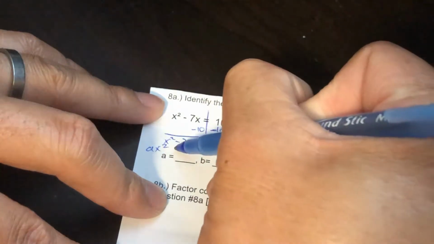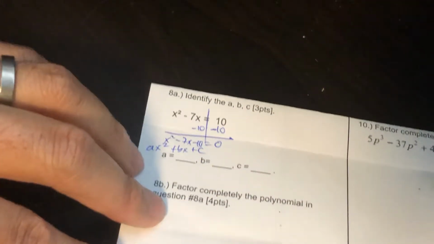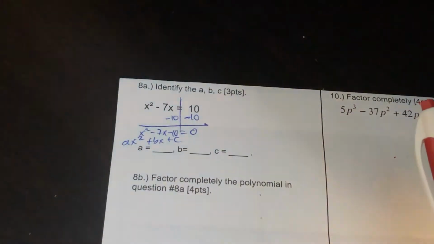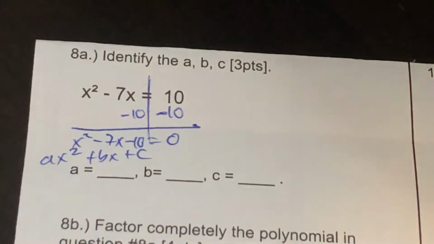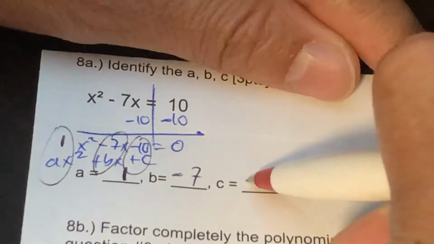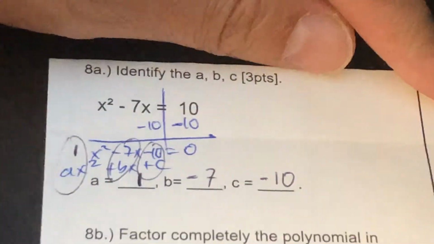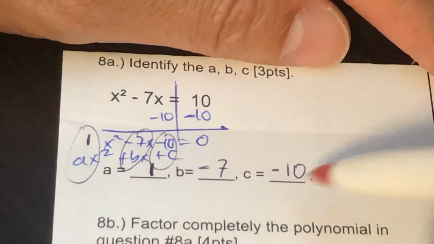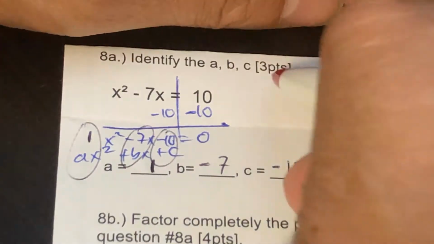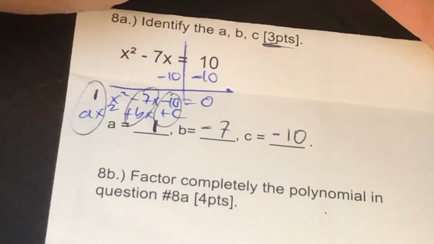And then if you write standard form right below it or next to it, you'll be able to see that A is equal to 1, the B value is equal to -7, and the C value is -10. Notice they're all numbers. There are no x's in there. And integers, or the positives and negatives, do matter. That was out of 3 points.